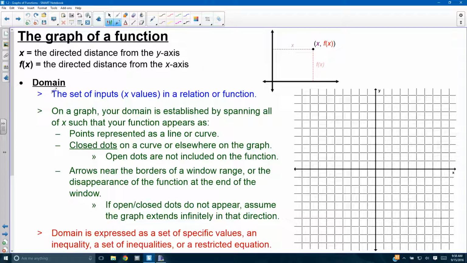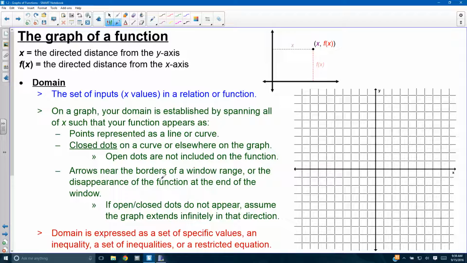Let's talk about something called domain, and then we'll talk about something called range on a graph. Now, domain we've already referred to as all of the x values in a relation or function. However, on a graph, it's established by spanning all of x such that your function appears either as points represented as a line or a curve, closed dots on a curve or elsewhere on the graph, open dots are not included on the function, or arrows near the borders of a window range, or the disappearance of the function at the end of the window.